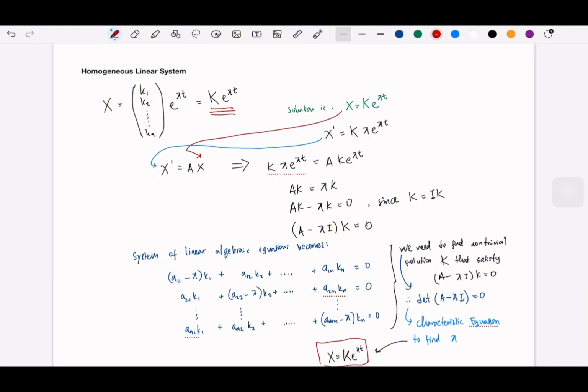So basically, we are going to start how to solve the homogeneous linear system with eigenvalues, by taking the differential equations into matrix form. The solution that we can offer is K e to the power of the eigenvalue times t, where K is the eigenvector. Why do we need the exponent there? Because that is the one way that we can solve a differential equation.